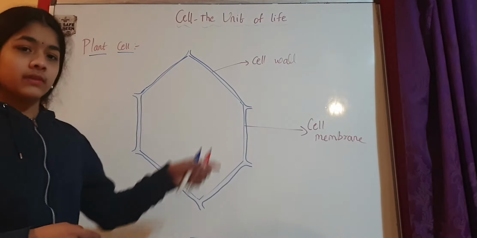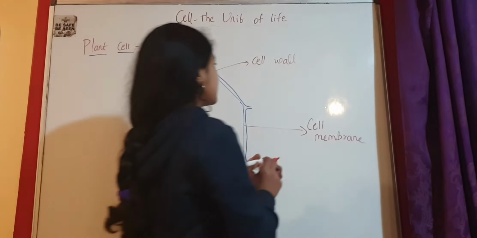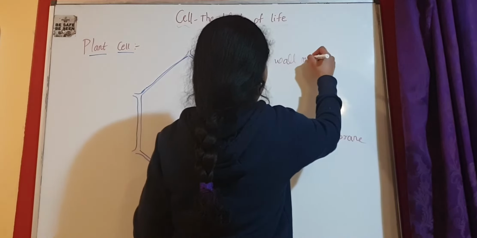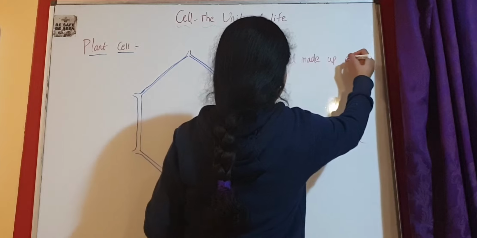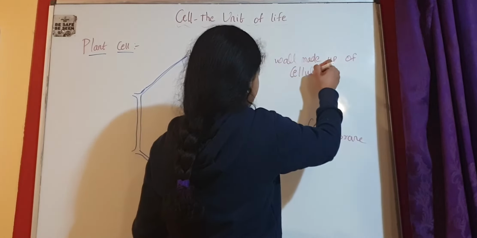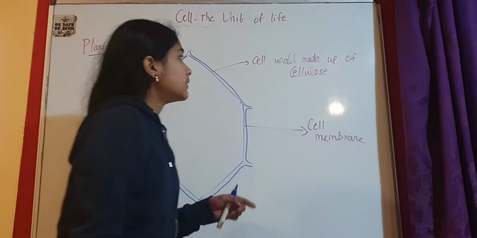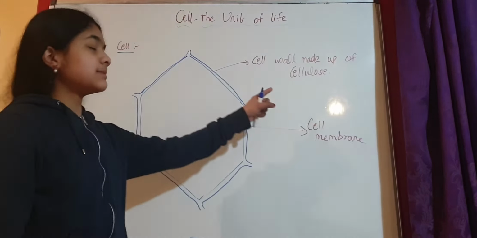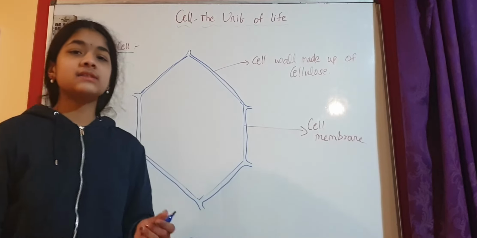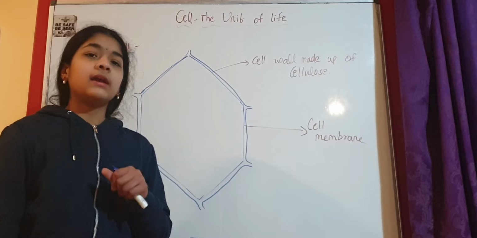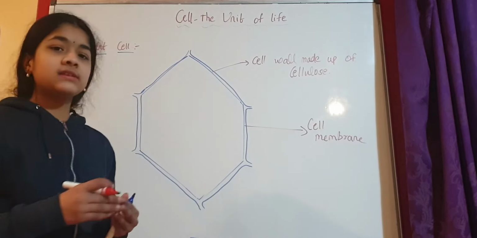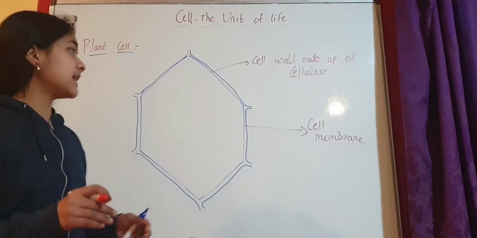In plant cells the cell wall is made up of cellulose, a polysaccharide. In bacteria the cell wall is made up of peptidoglycan. In fungi it's made up of chitin. So different organisms have different compositions in the cell wall.